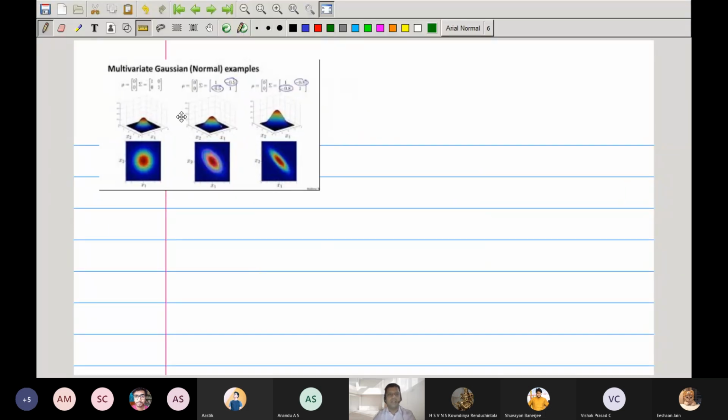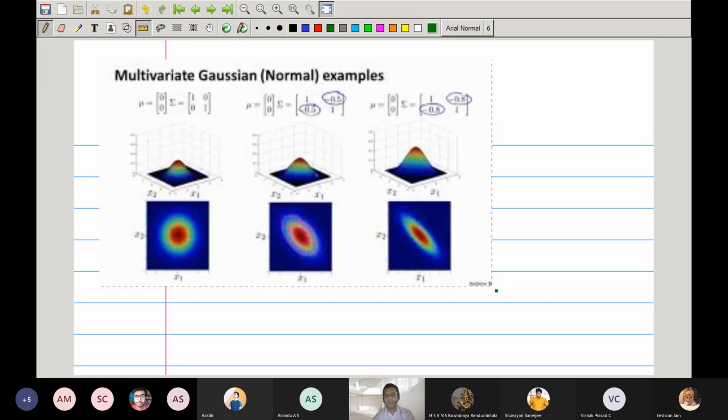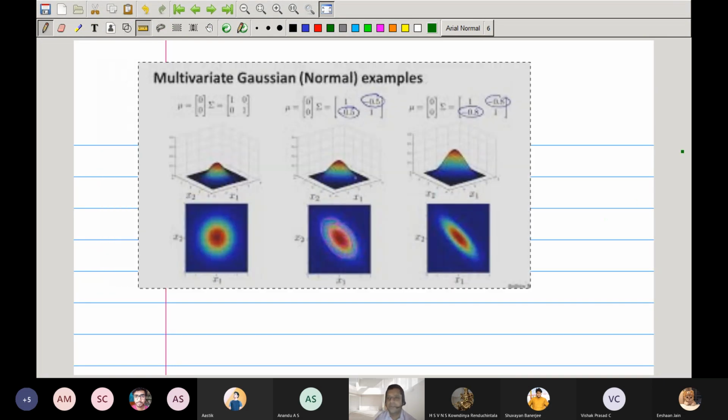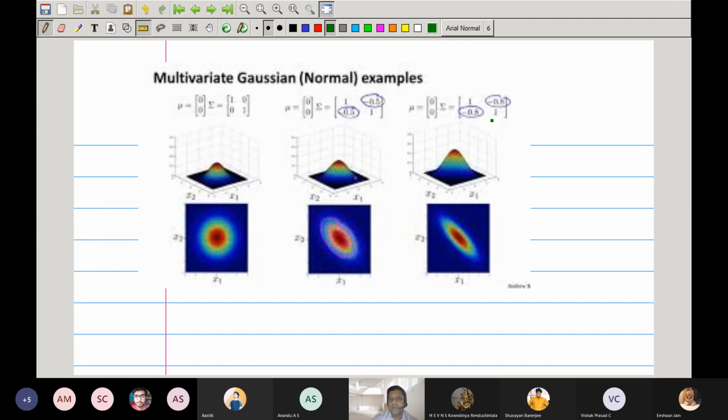Here are multivariate normal plots. Okay, so for different values, mu is 0, 0. Sigma is 1, 1 on the diagonal, minus 0.8 along the off diagonal entries. So it's a two-dimensional case, right? So you'll see these are the sub-level sets. All of them look convex. However, the function itself is non-convex, because it is bell shaped.